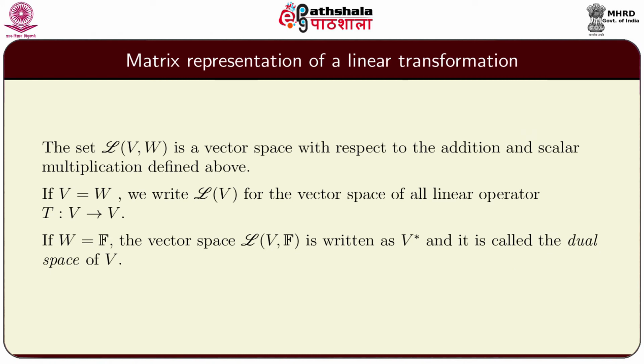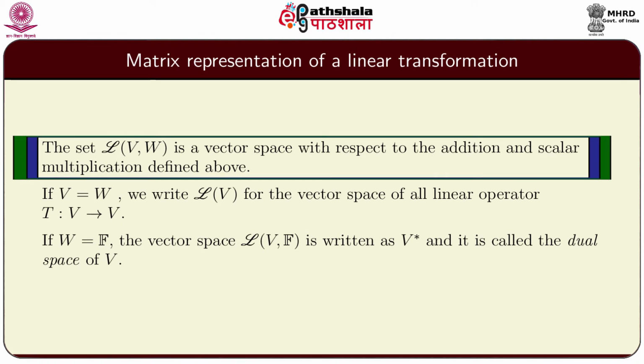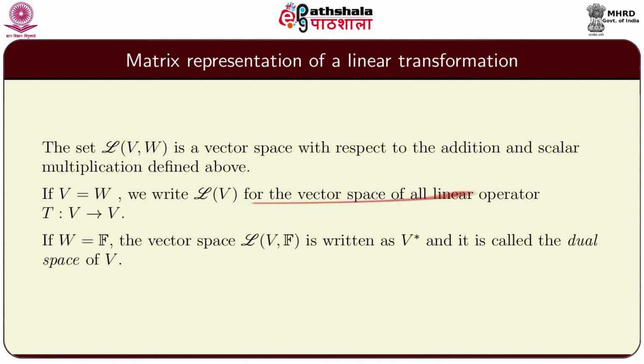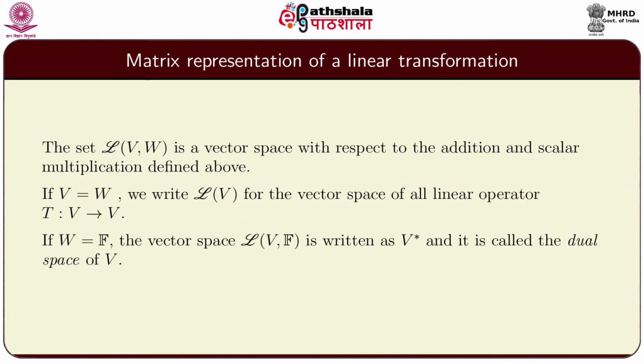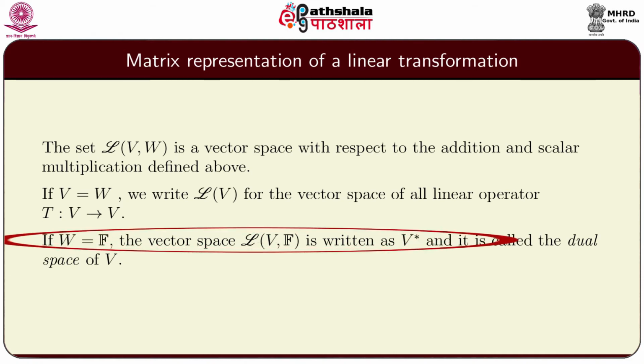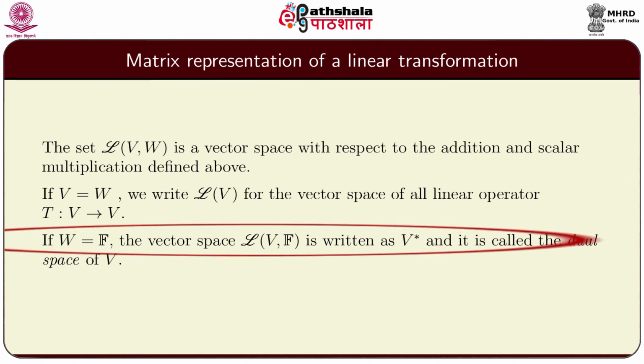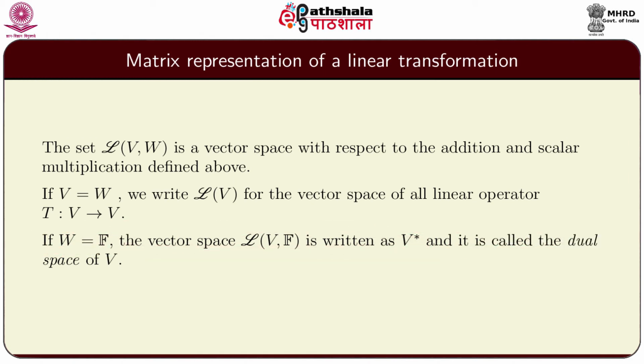So, the observation is that the set L(V, W) is a vector space with respect to the addition and scalar multiplication. If V is equal to W, then we often write L(V) instead of L(V, V), which denotes the vector space of all linear operators T from V to V. And if W is the base field F, then the vector space L(V, F) is usually written as V star, and it is called the dual space of the vector space V.